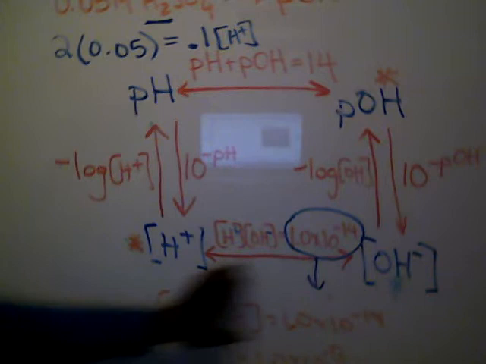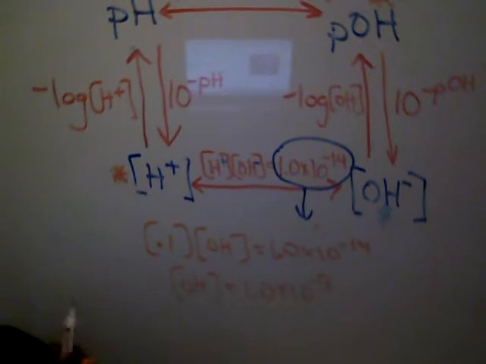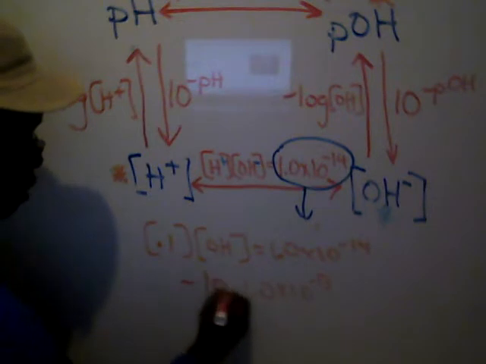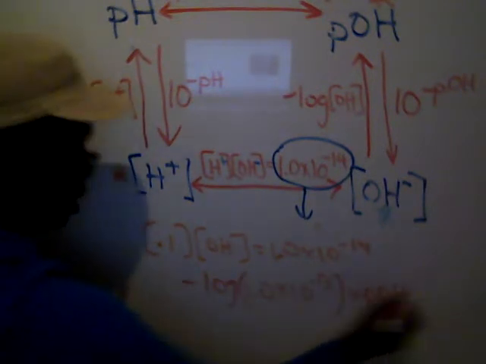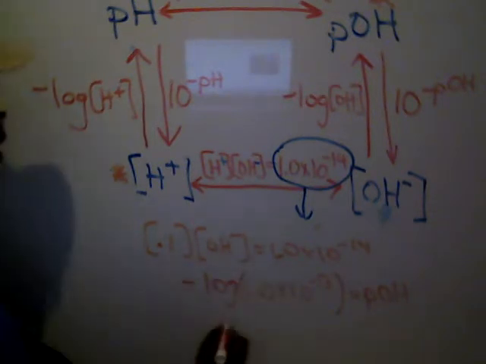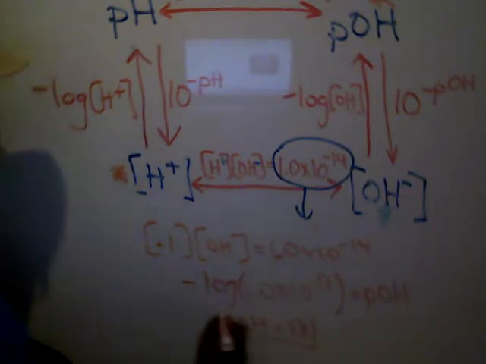And now that means we would have been at this step. Now we want to go from here to here. So if the amount of hydroxides is 1.0 times 10 to the negative 13, we would just need to do negative log of that number, and that would give us the pOH. And it's giving us the pOH because we're dealing with hydroxides. And so the pOH would have been 13. So we would have ended up with the same answer.